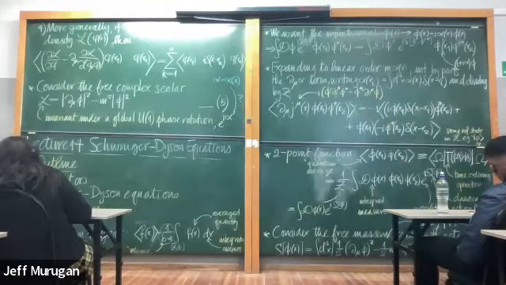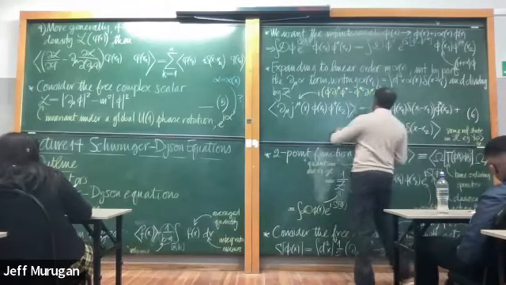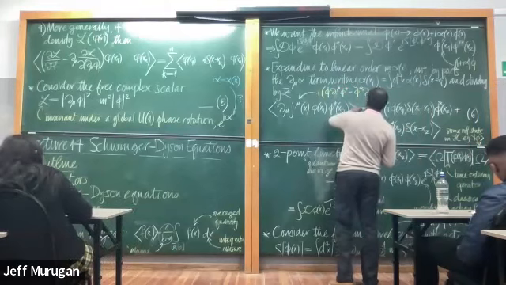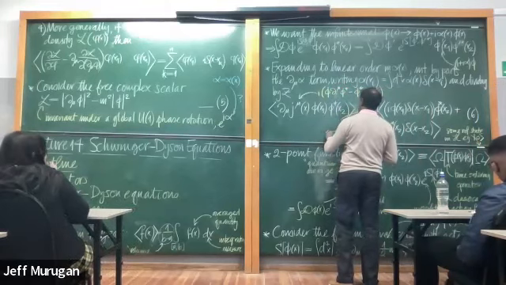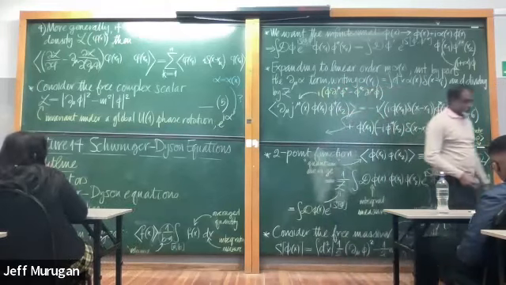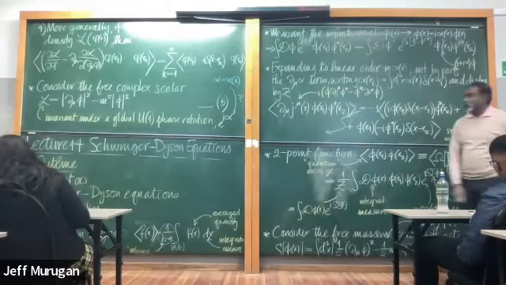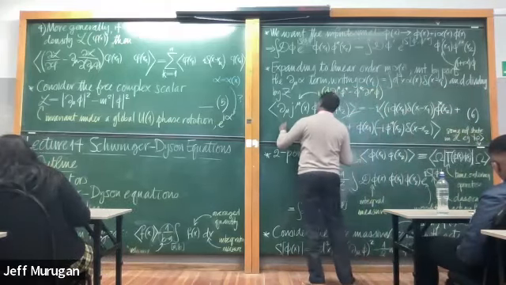Okay. And this constraint that we get on this correlation function is called the Ward identity, and it must be satisfied by any of these correlation functions. It is the quantum version of the classical theorem.